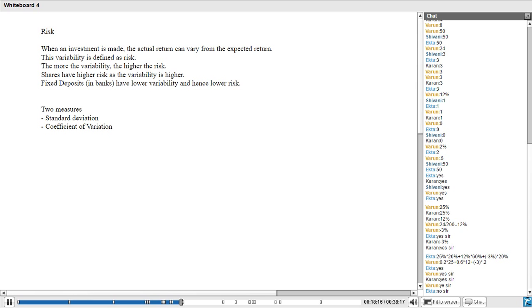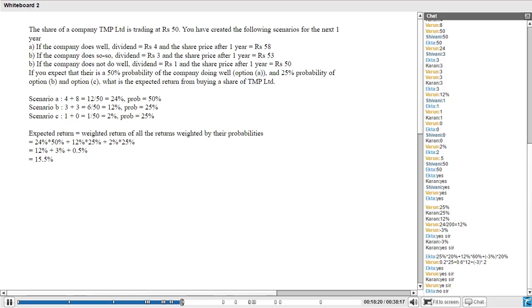Let's start with the first measure, standard deviation. Let's go back to our example TMP Limited and try to compute the risk. In this case we had calculated that the expected return is 15.5%.